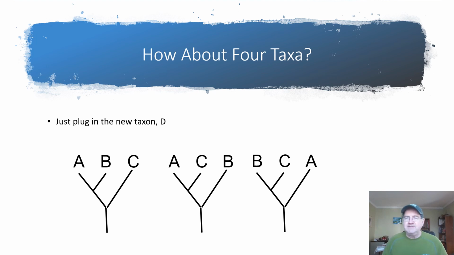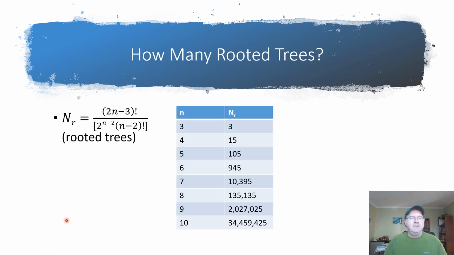We can generalize this with an equation where n sub r, the number of rooted trees, and the little letter n stands for the number of OTUs in your analysis. So what is that? That's 2n minus 3 factorial over 2 to the n minus 2 times n minus 2 factorial. Something's missing there in my formula. I've actually done the calculations here for up to 10 taxa.